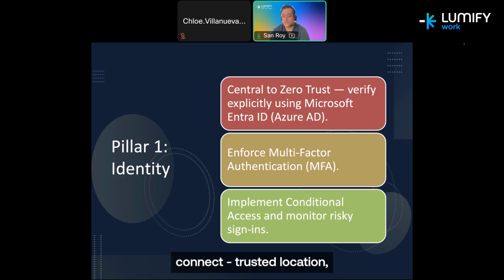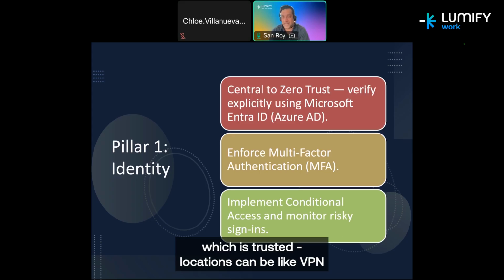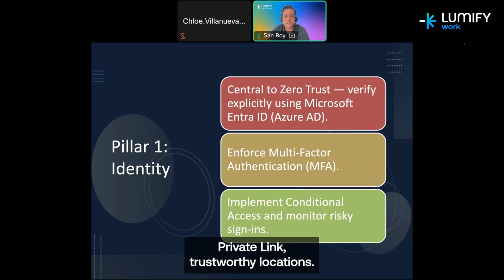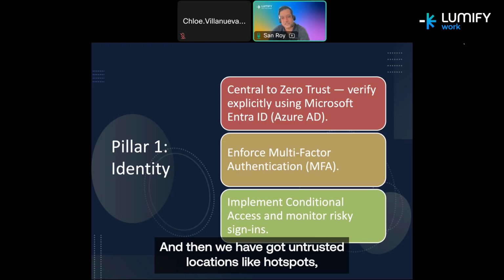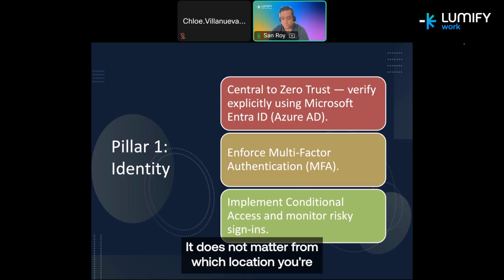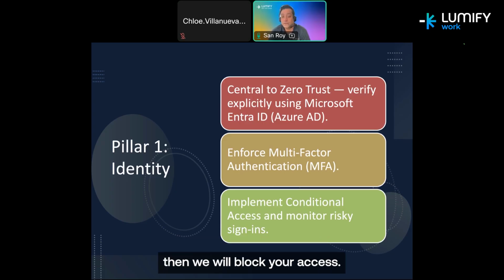Trusted locations can be things like VPN services, ExpressRoute, or Private Link, and then we have untrusted locations like hotspots, public Wi-Fi, and so on. We will always monitor your request. If we find any risky user related activities associated with your attempt, or any risky sign-in attempts, then we will block your access.